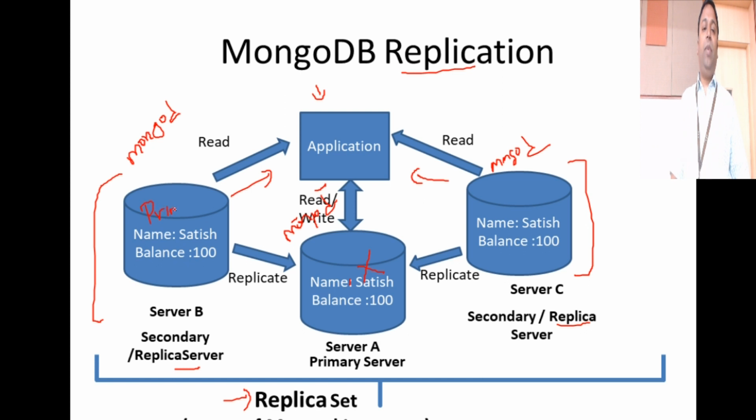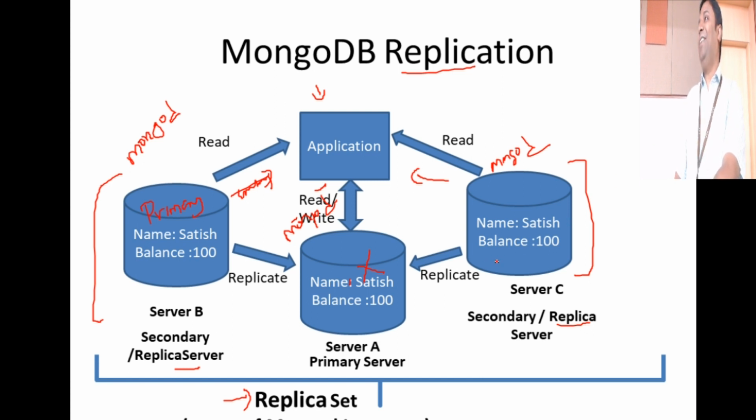Say for instance, this can be elected as a primary, and from then on the application will start writing data here and reading data here, whereas this will act as a secondary. So when the node that has gone down comes back again, it can join the cluster as a secondary server. So that is the concept, and it offers fault tolerance and multiple reads can happen. Okay, are you all clear with this?